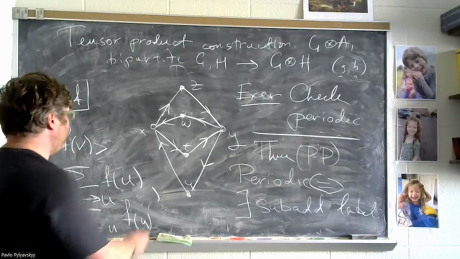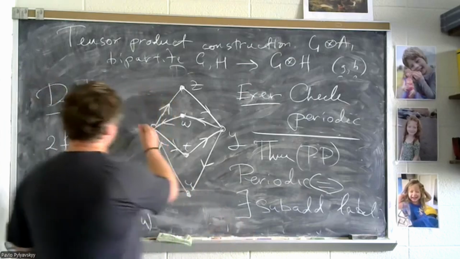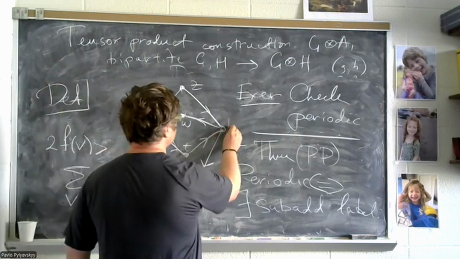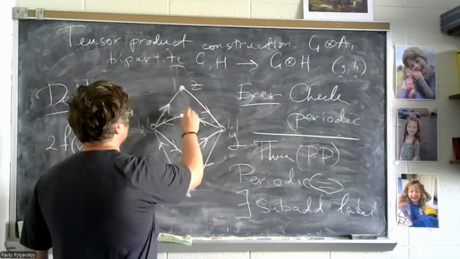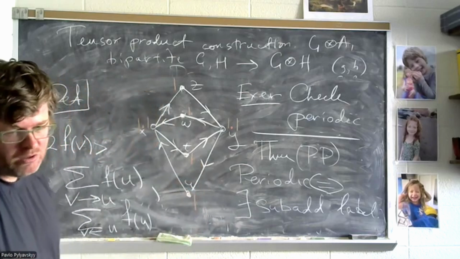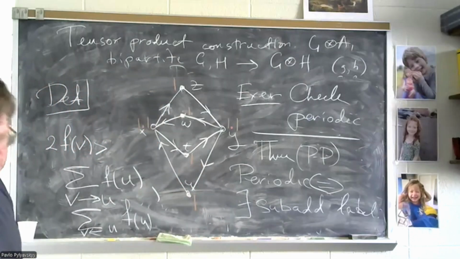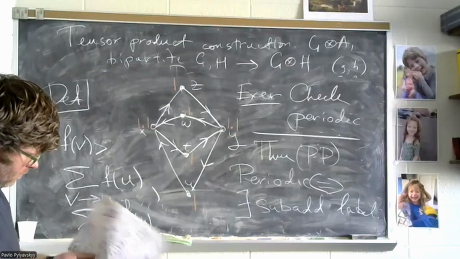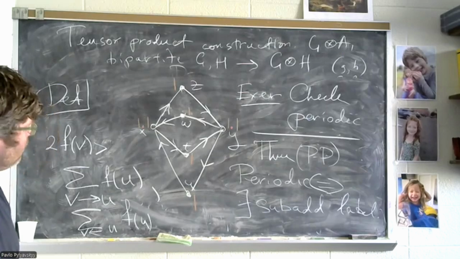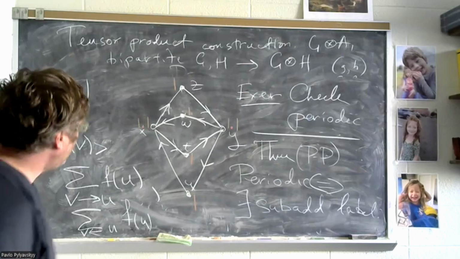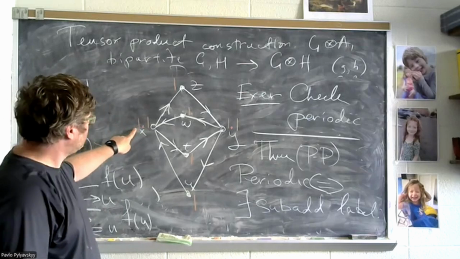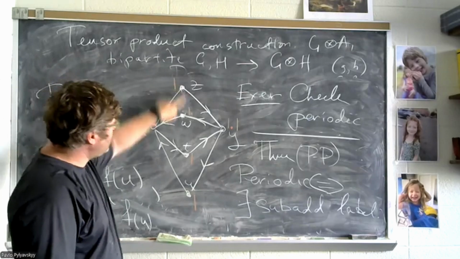So for example, over here, let's put those numbers over here. I claim it's a subadditive labeling. Why? Twice this number, 2.2, is bigger than 1 plus 1.